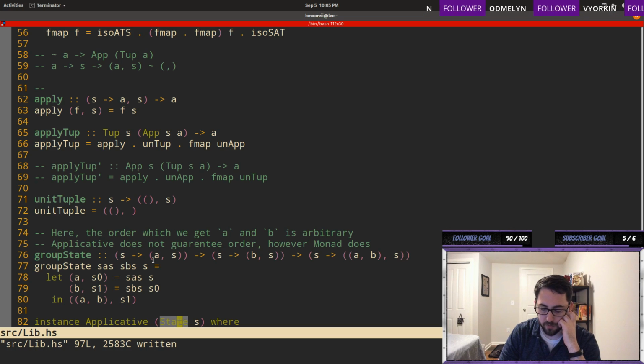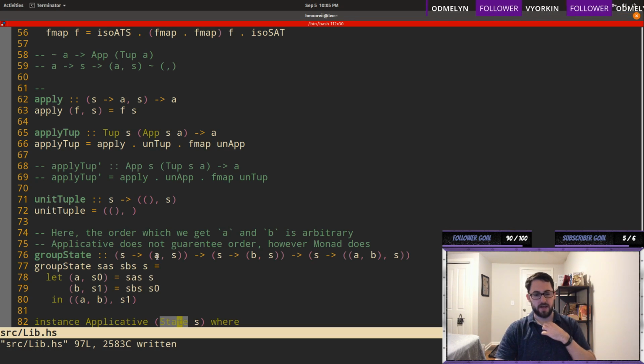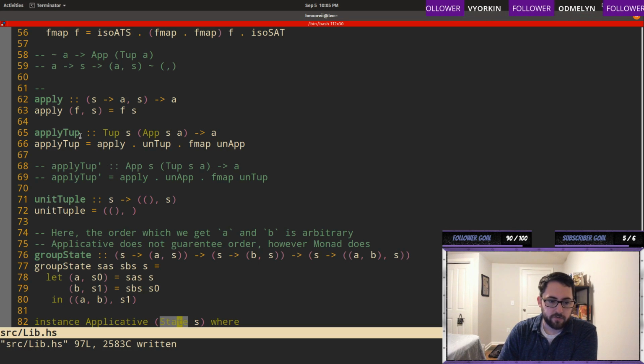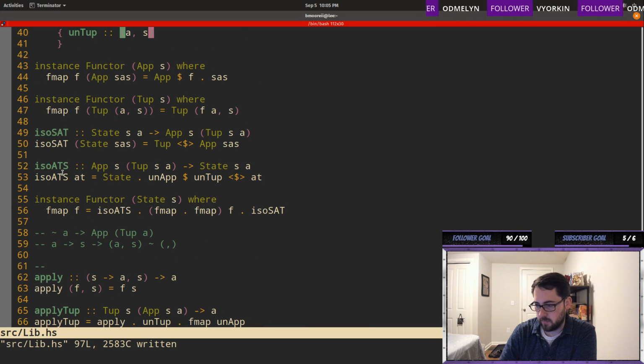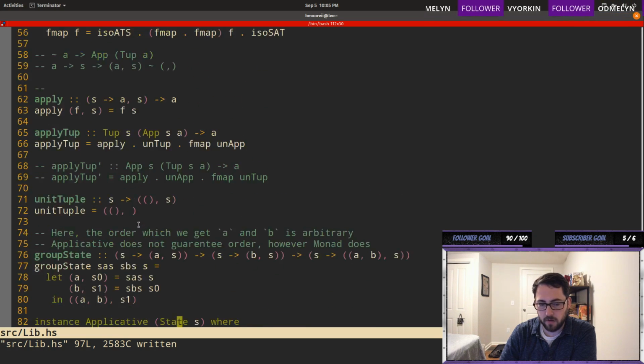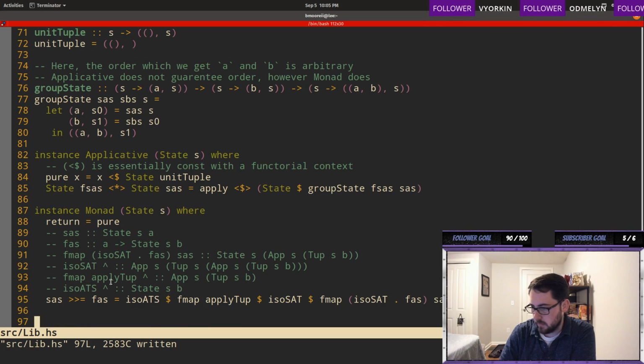Obviously, the shape of group state needs to change, but you're essentially going to have a version of apply, unit, and group state. And once you have those three functions, as well as the isomorphisms, you have all of your instances, right?